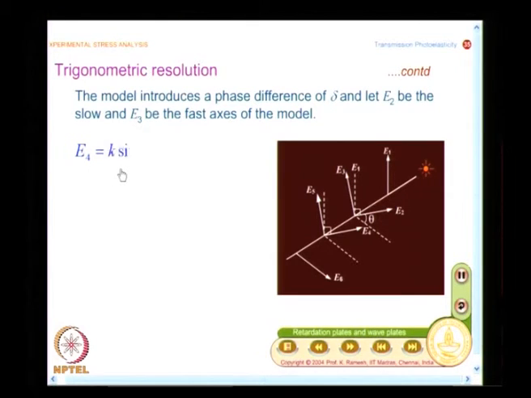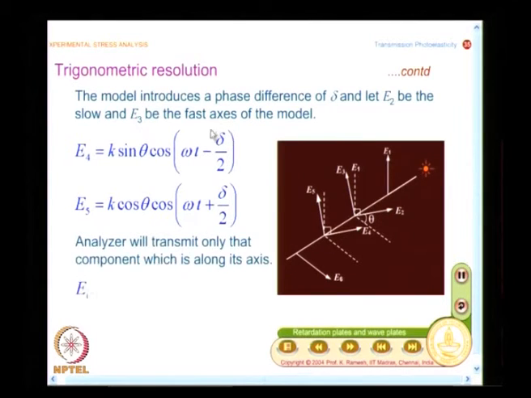The amplitude will not change, but in the phase I subtract delta by 2, and on E5 I add plus delta by 2. So, what I have here is E4 turns out to be k sin theta cos of omega t minus delta by 2, and E5 is k cos theta cos of omega t plus delta by 2.